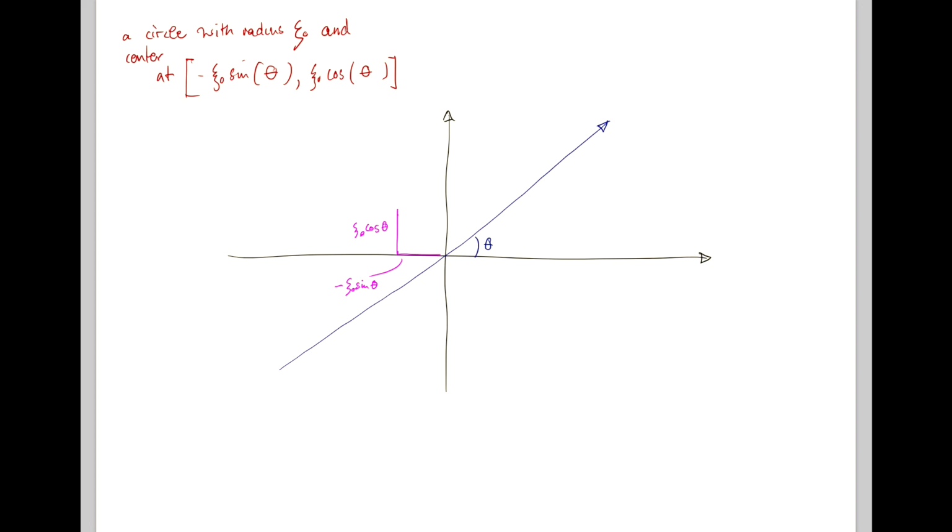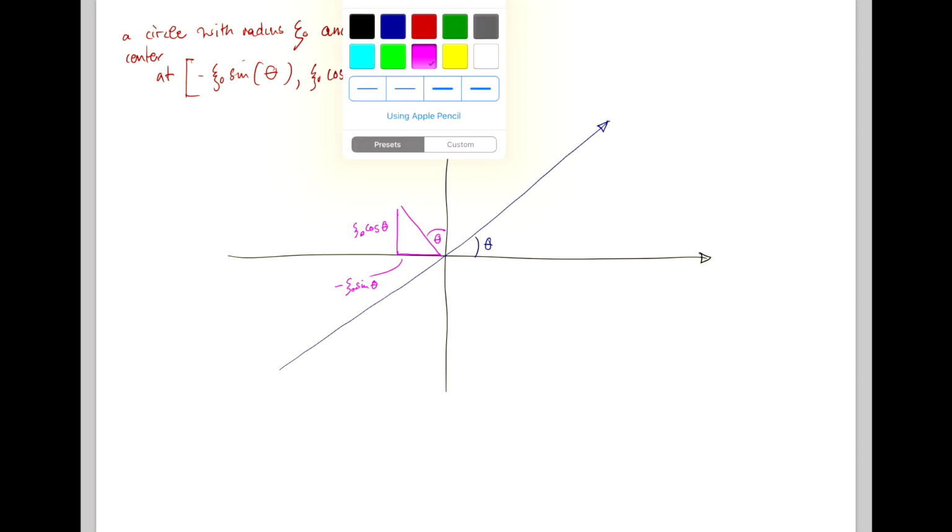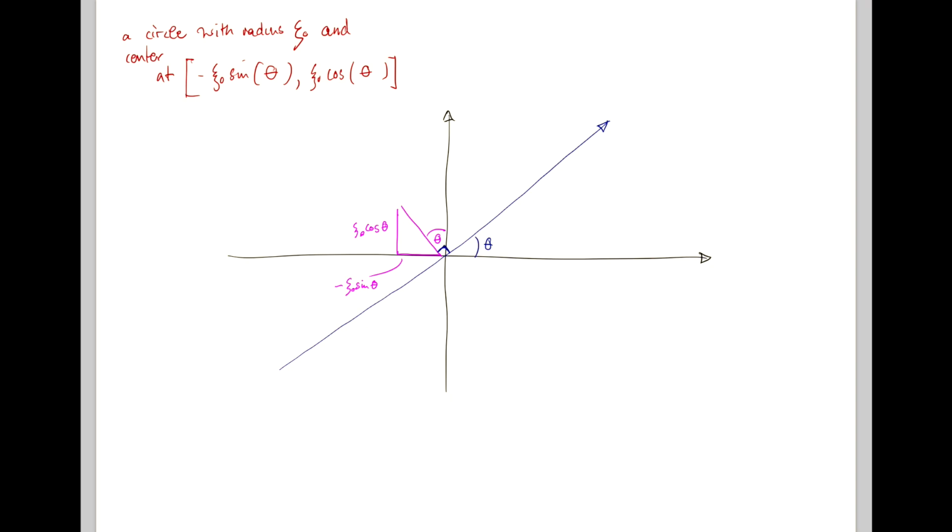And that means that this angle here is also theta. So there's a right angle between the location of the center of the circle and the straight line describing the streamline. And the distance of this line here is the radius psi 0. So the path line of the particle that goes through the origin at t equals t dash looks as follows.